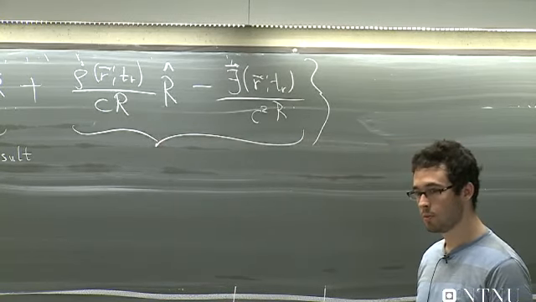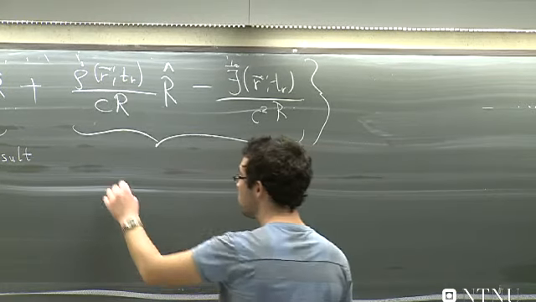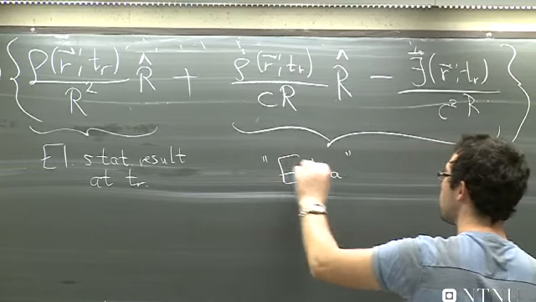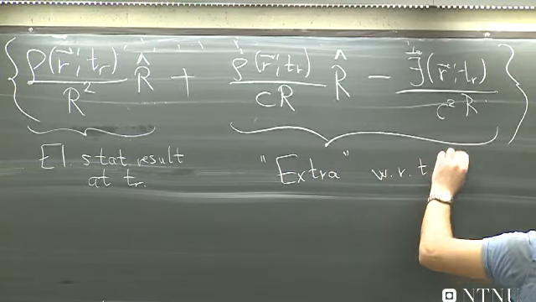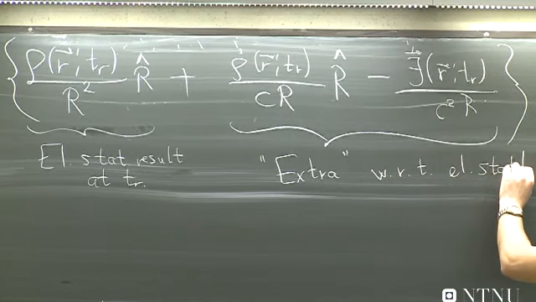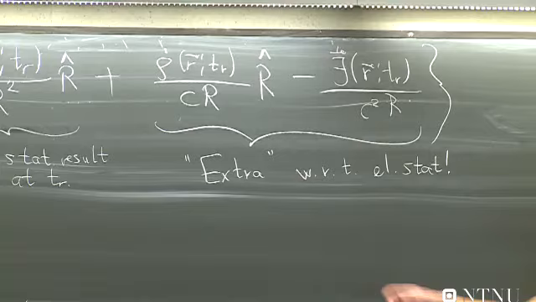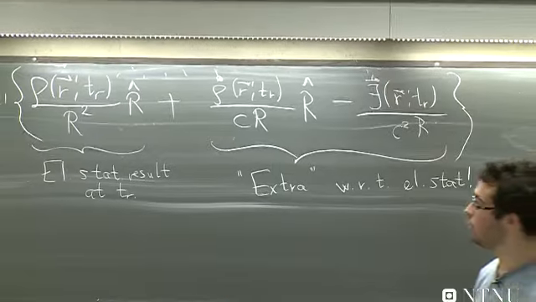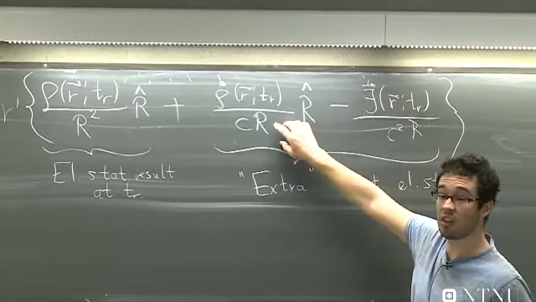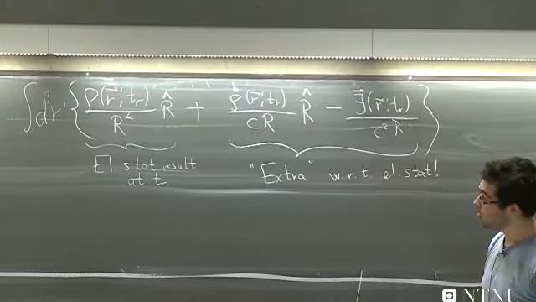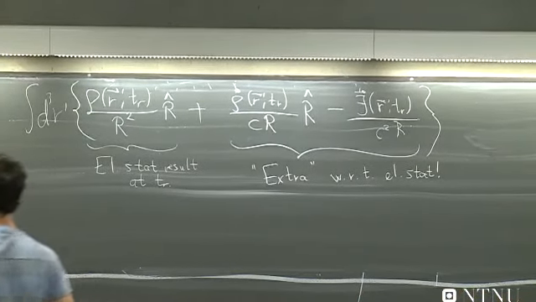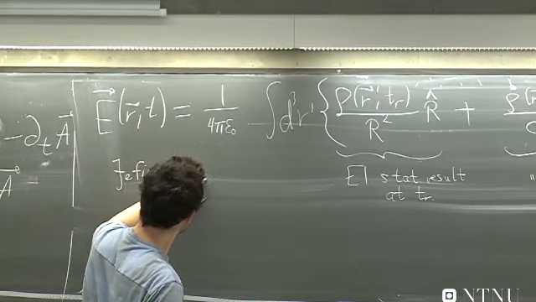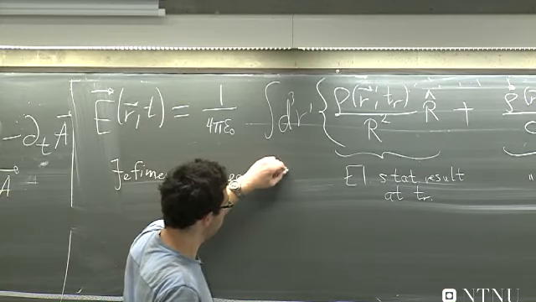So these are extra terms with respect to the electrostatic case. And in particular, this term is not naively expected. If, say, you introduced the retarded time but included this term, you still wouldn't get this one. And this equation here is called the Jefimenko's equation for the electric field.